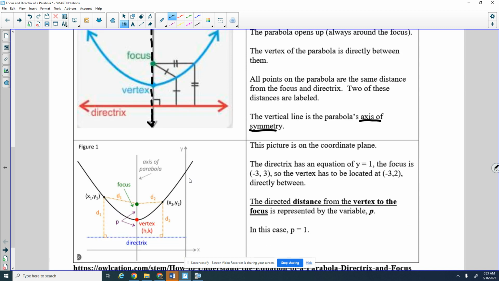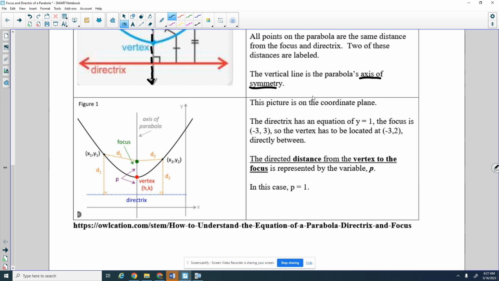So here's our most complicated picture, still the same idea. This picture is on the coordinate plane. So we're going to be working towards this. In this one, we're saying that the directrix has an equation of y equals 1. The focal point is (-3, 3).